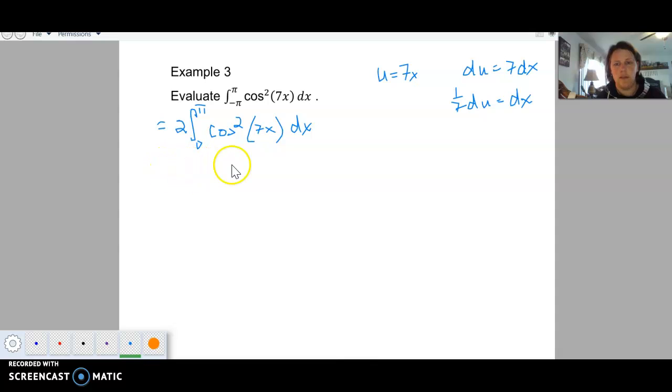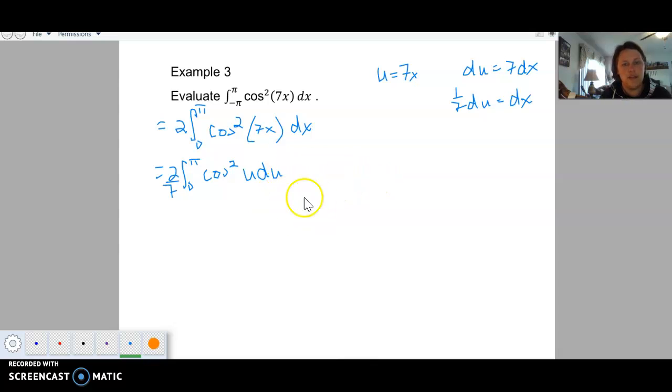Okay, the other thing that we are going to do, let's go ahead and rewrite first. 0 to pi cosine squared of u du. Oh, and we've got a 1/7, right? Yep, 1/7 we've got to pull out here too. So make that 2/7, from 0 to pi, cosine squared of u du.